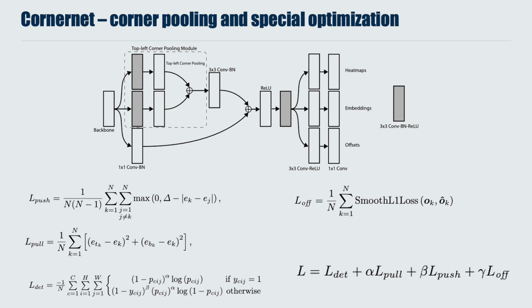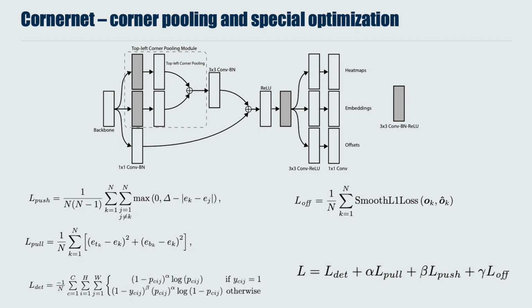Their L_det, the detection loss, is the one that is quite close to the focal loss and is trying to make sure that they detect correctly the object, again dealing with the imbalance.